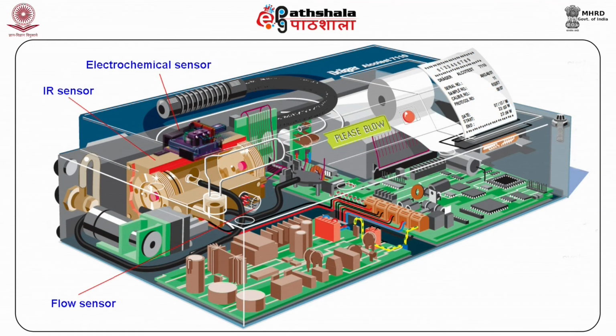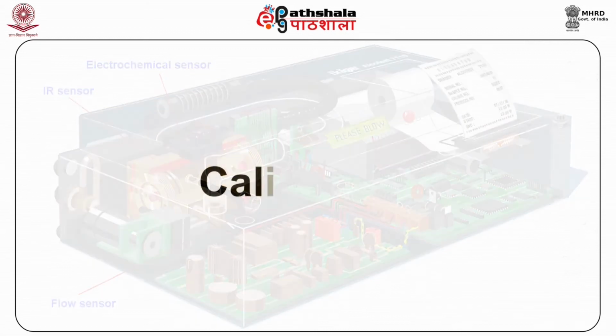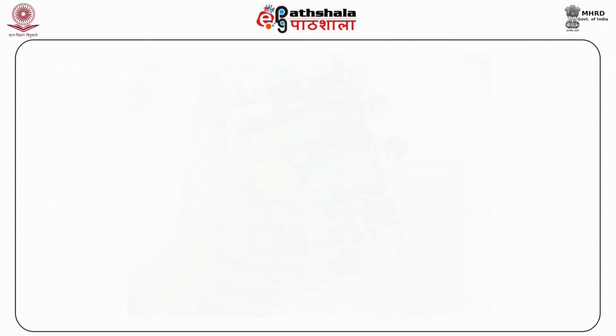Similarly, in the case of infrared-based breath analyzers, other groups, most commonly carboxylic acids and aromatic ring compounds, can also give similar absorbance readings.